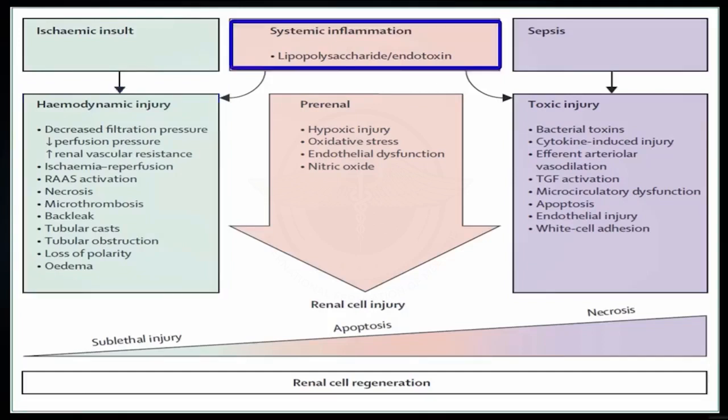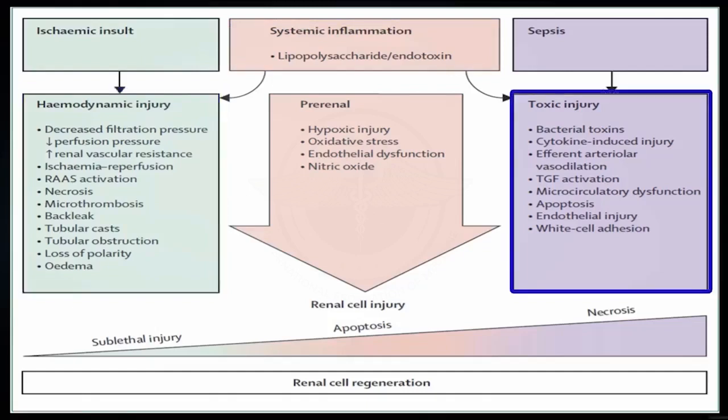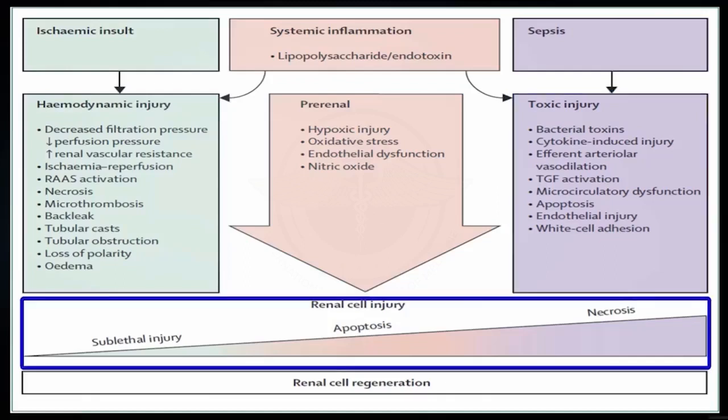When there's systemic inflammation because of ischemic insult or in sepsis, there is release of lipopolysaccharides and endotoxins, which can worsen the hemodynamic injury, but can also cause toxic injury, leading to bacterial toxin release, cytokine-induced injury, efferent arterial vasodilatation, TGF activation, microcirculatory dysfunction, apoptosis, endothelial injury, and white cell adhesion. Oxidative stress. Initially, all these factors cause sublethal injury to the tubular cells, but subsequently there may be apoptosis and necrosis, and regeneration may or may not be complete.